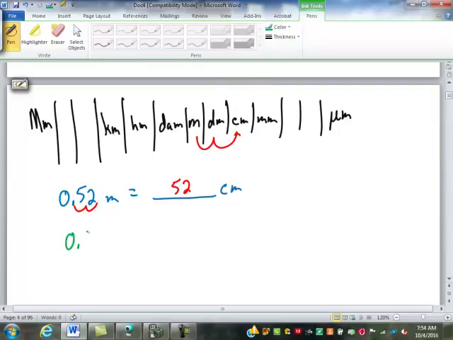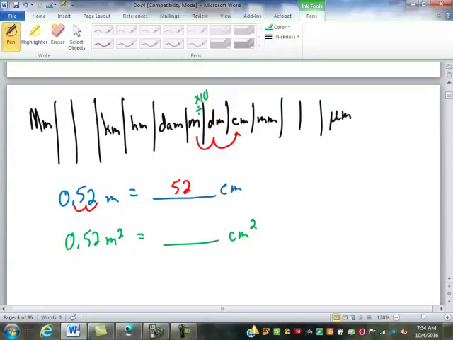But what if instead of 0.52 meters, we have 0.52 meters squared? Converting it to centimeters squared. Now, from what we saw with our standard units, there's one of two ways we can handle this. We could either just move it twice, because we had to do the conversion twice, or we can look at this and say, each spot on the chart here is multiplying or dividing by 10, right? When I square it, what's 10 squared? 100.